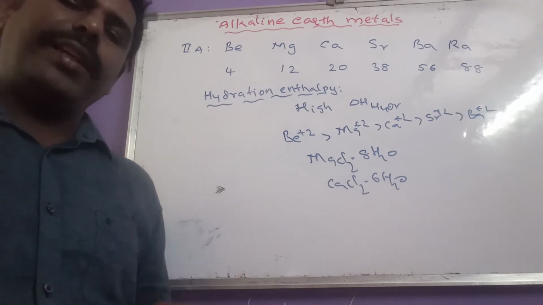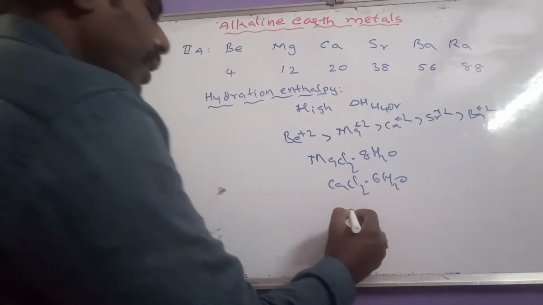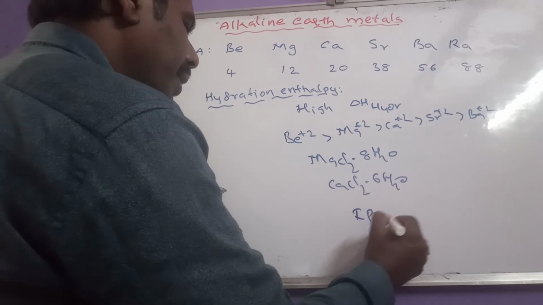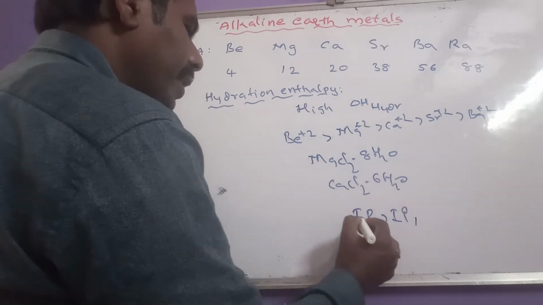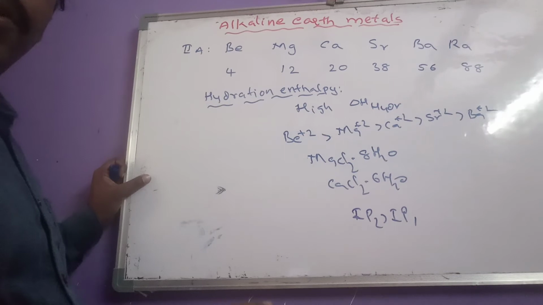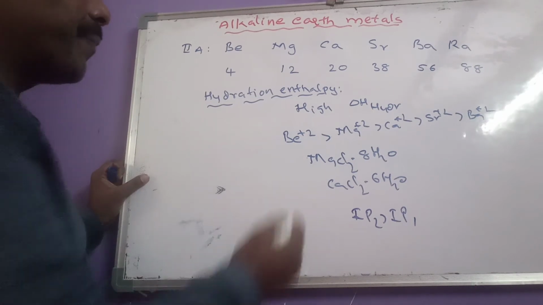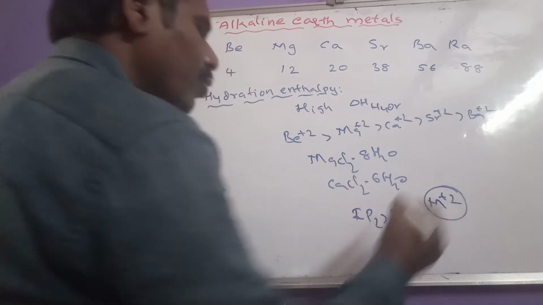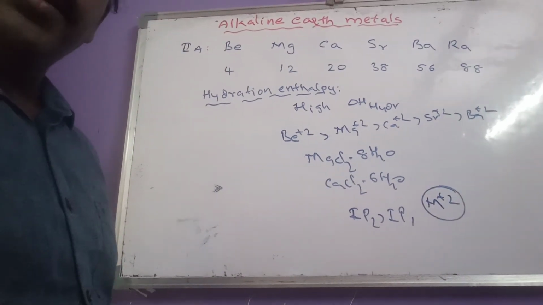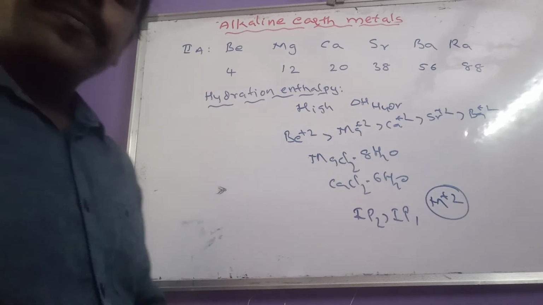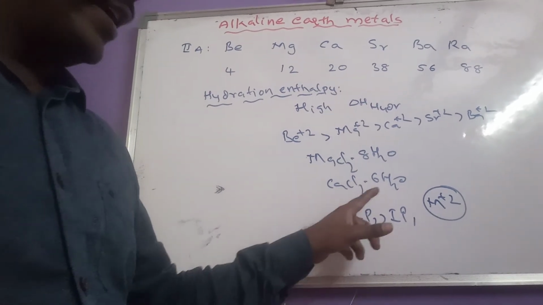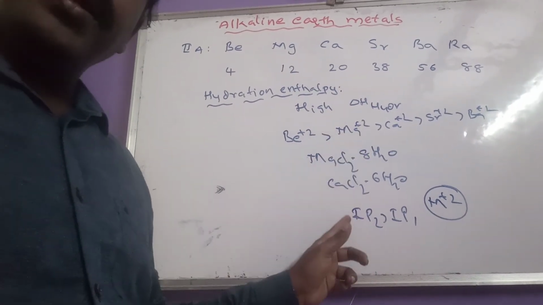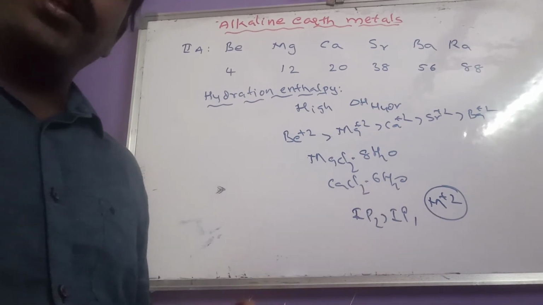And one more thing here, even though the second IP is much greater than the first IP, almost double the first IP, all these elements exist in the M+2 state. They do not exist in the M+1 state. Why? Because the heat of hydration dominates over the second ionization potential.